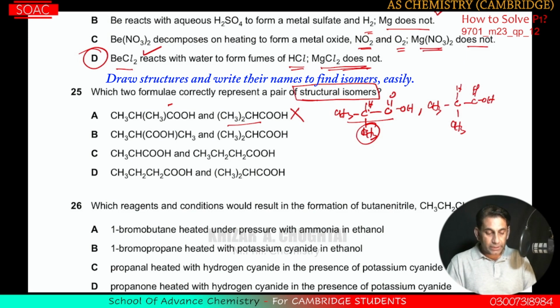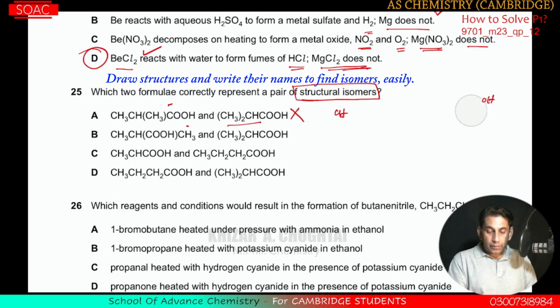They are not isomers. The second one, basically this one, I am going to draw the formula of the next one. CH3 and CH. Here there is C double bond OH and CH3.